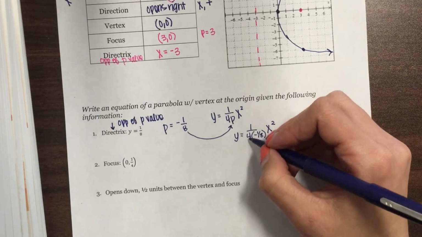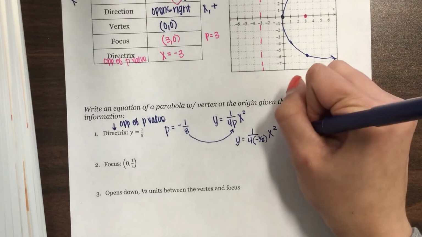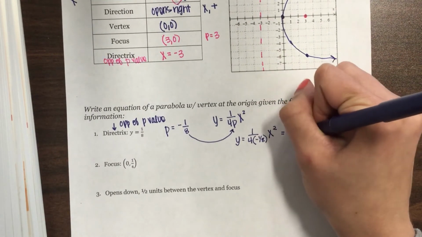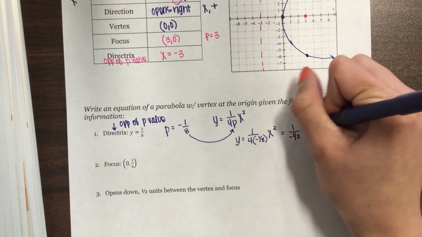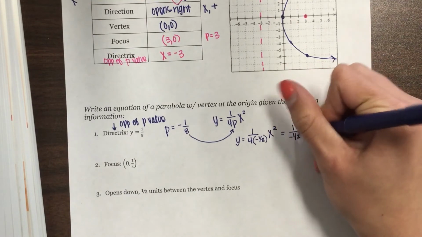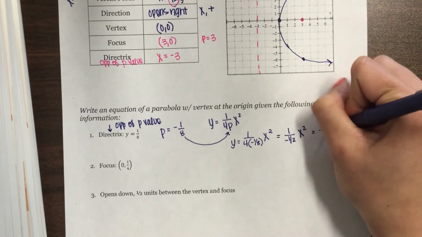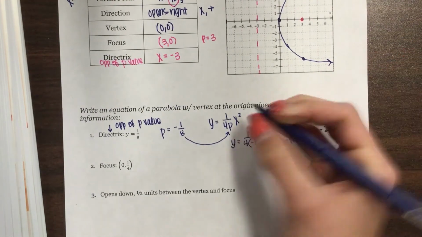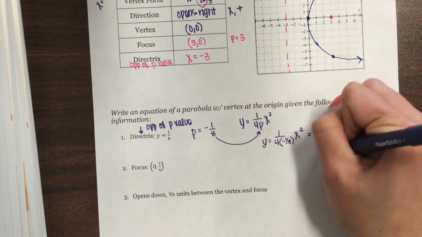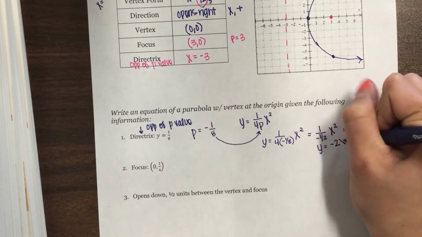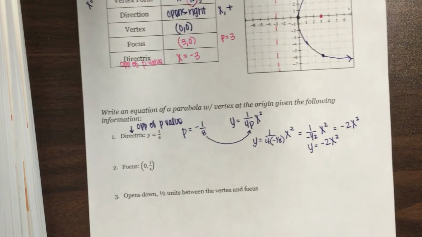And then 4 times -1/8 is -1/2 x squared. And when you divide by a fraction, you can flip that fraction and multiply. So that's -2 x squared. So my equation for this one is y equals -2 x squared.